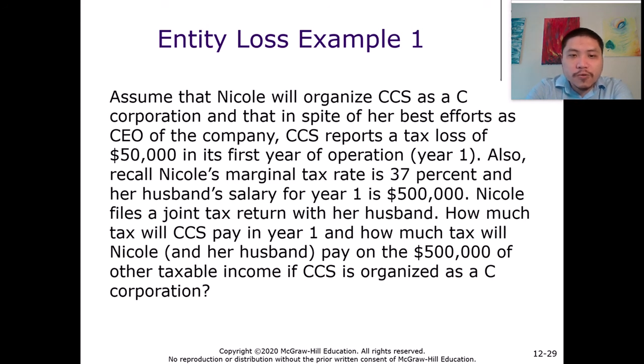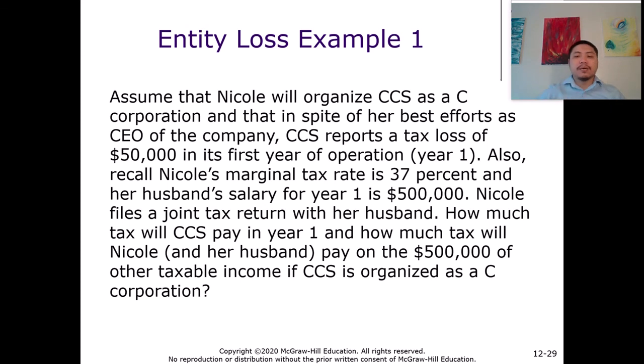Also, Nicole's marginal tax rate is 37%, and her husband's salary for year one is $500,000. Nicole files a joint tax return with her husband, and it asks how much tax will CCS pay in year one, and how much tax will Nicole and her husband pay on $500,000.